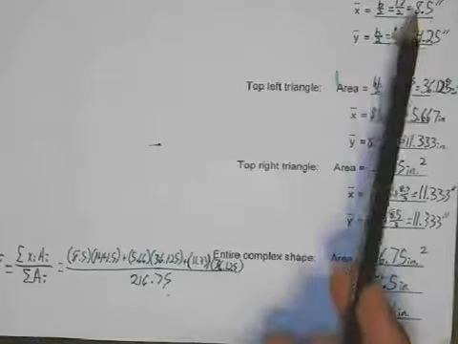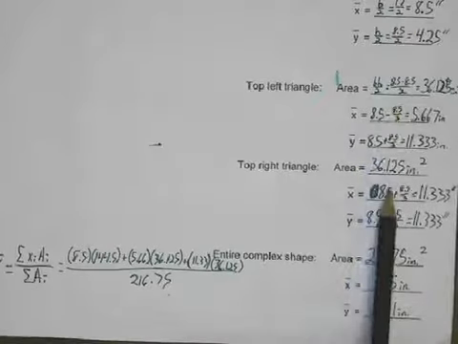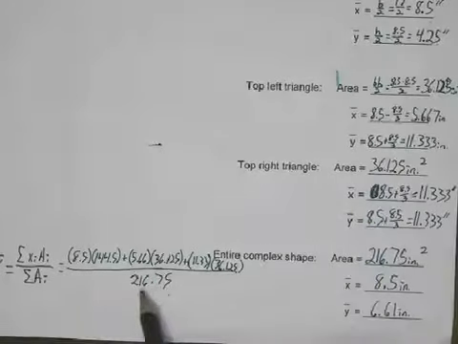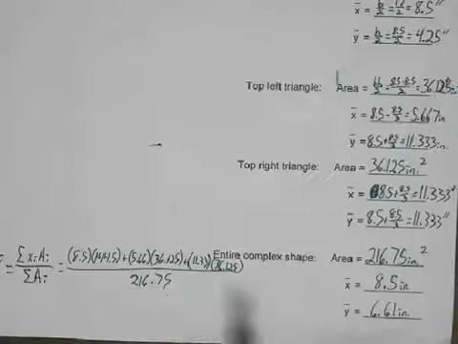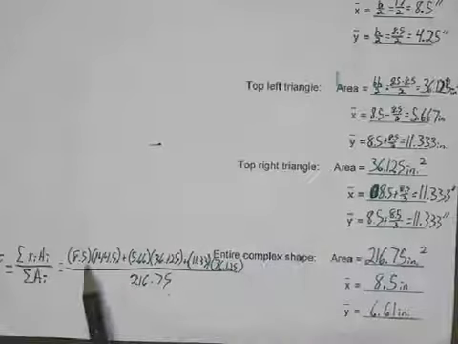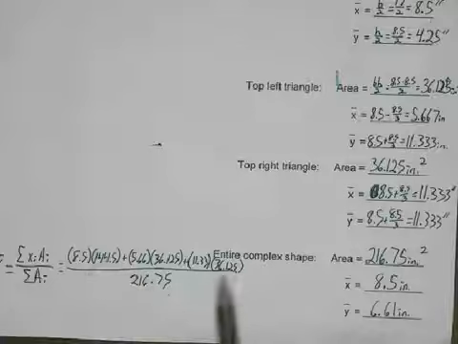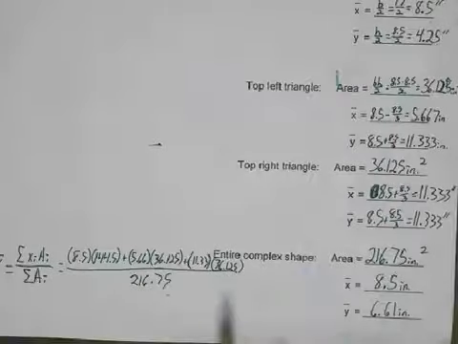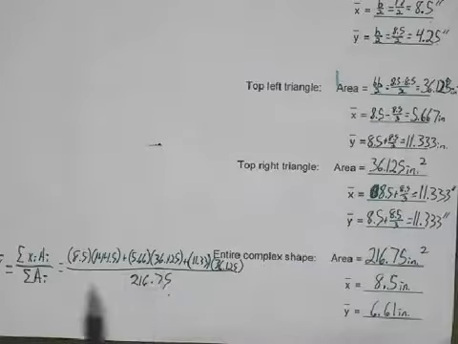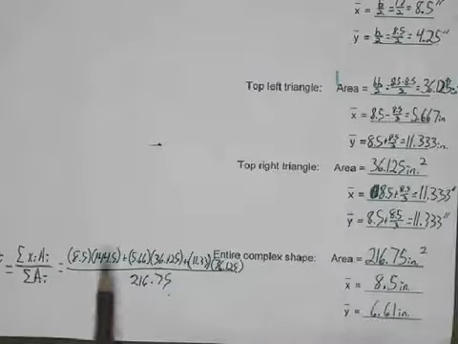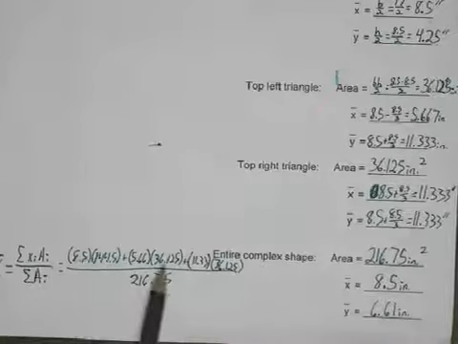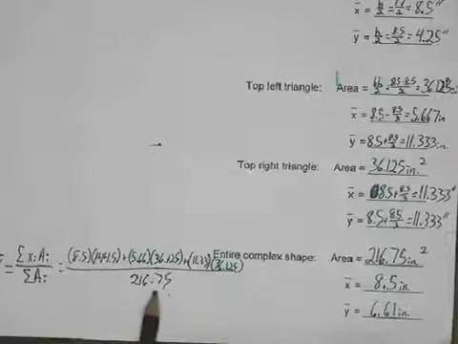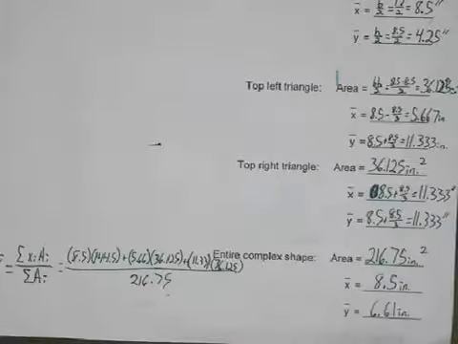Again, it's my x bar times my area for each shape, and then I took all of that divided by my area plus my area plus my area. You just have to be careful when you're plugging things into your calculator, multiplying things through. Make sure you do everything in order. If I were writing this out, I would write what's this product, what's this product, what's this product, and then add those products together and divide by your 216.75.